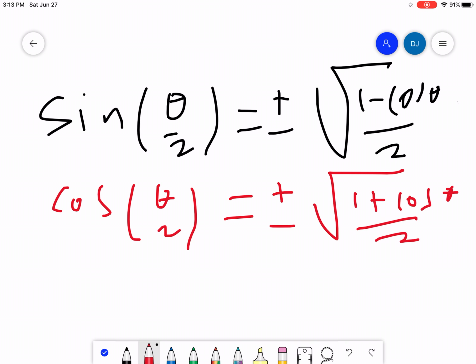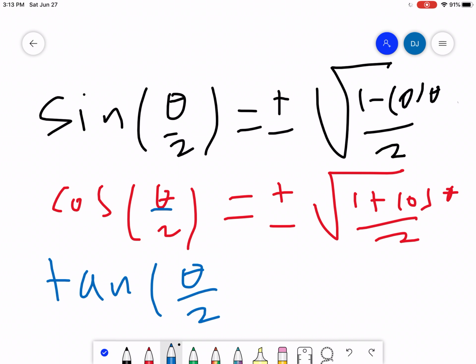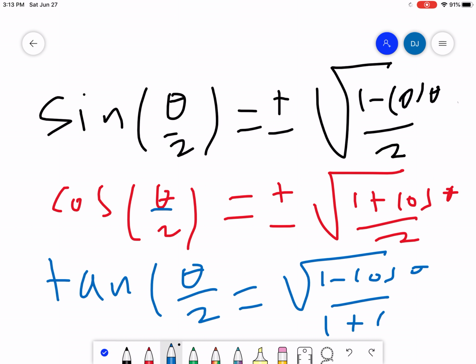So these look very similar. You just need to know the sign. Also, the plus or minus depends on what quadrant it is. And then tan of theta over 2 is the same thing as 1 minus cosine of theta over 1 plus cosine of theta.